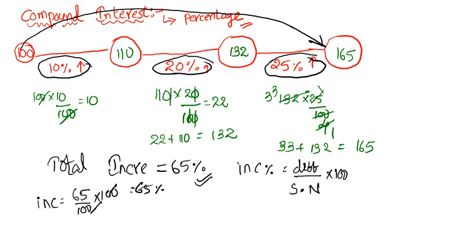Means the total increment in the previous example is 65%. Now we will calculate this in an easy manner. How? Let's see. The first increment, the second increment and the third increment.